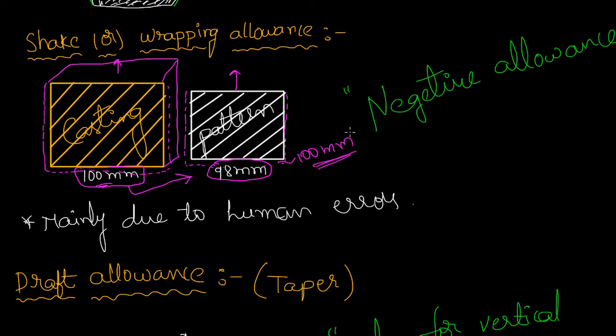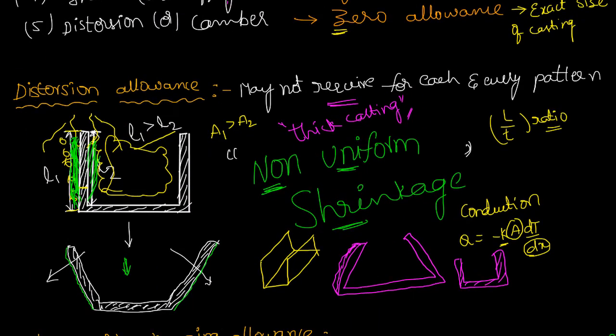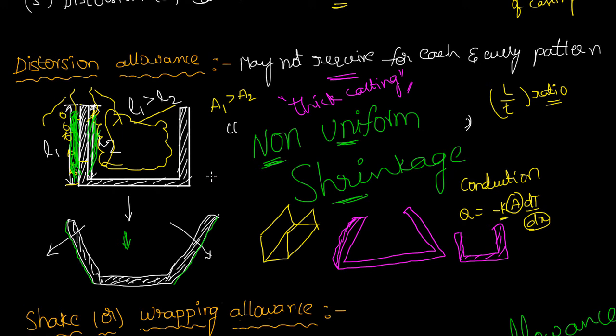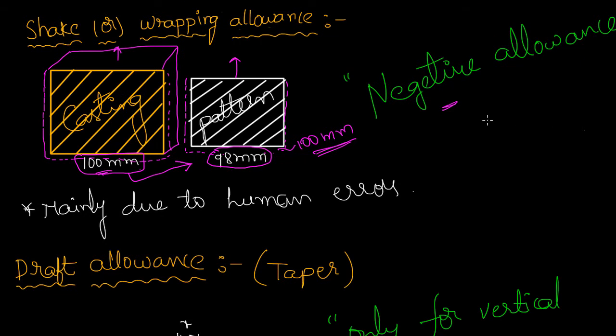That's why it is negative allowance, right? You can see here, we are not adding any material and not deleting any material. So that's why it is called zero allowance, right? But here we are deleting some pattern, that's why it is called negative allowance, right?